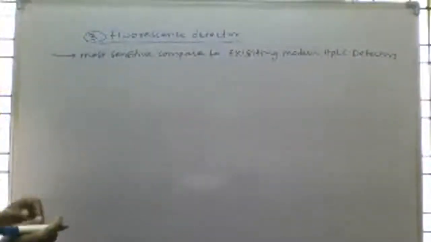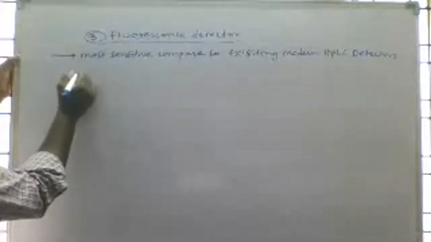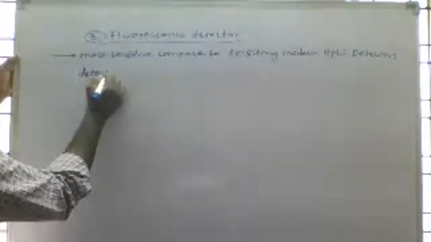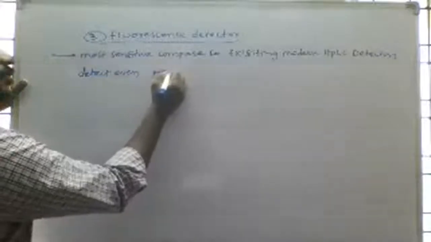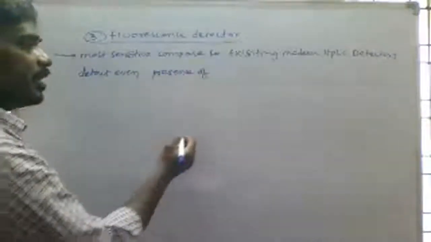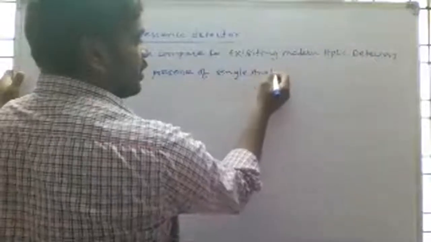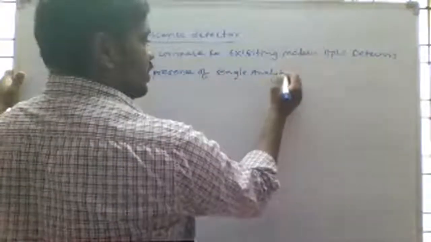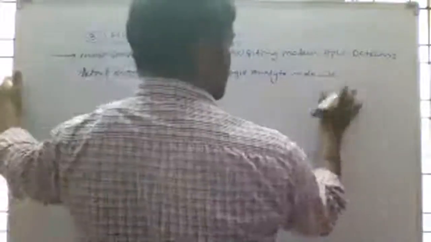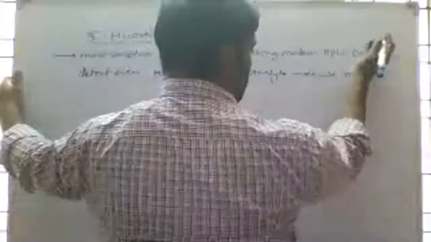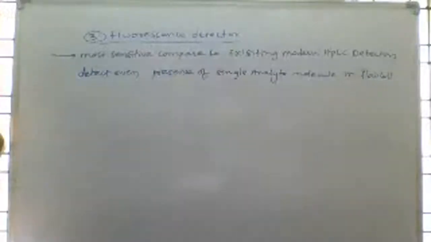It can detect even the presence of a single analyte molecule in the flow cell. If a single molecule is there, it can be analyzed.